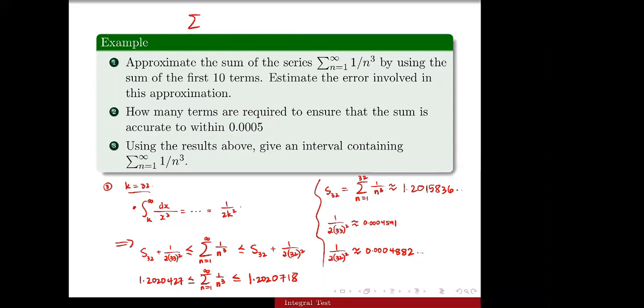Now let me just write the actual sum. Well, not really the actual sum, but at least with more decimal places.